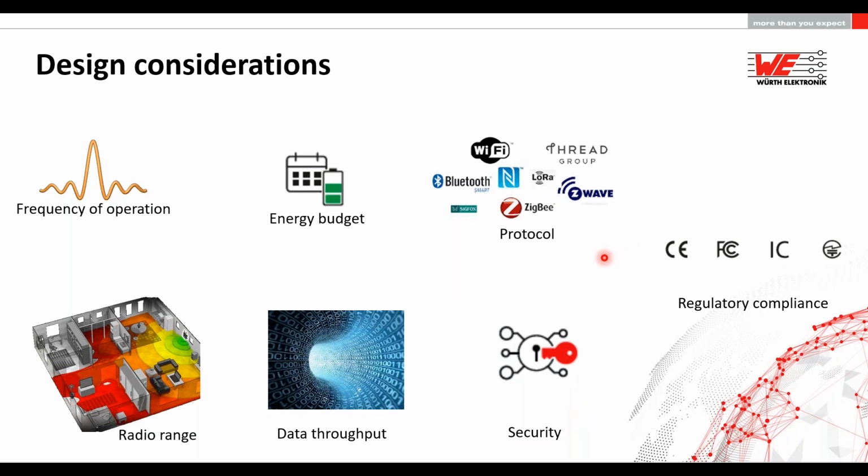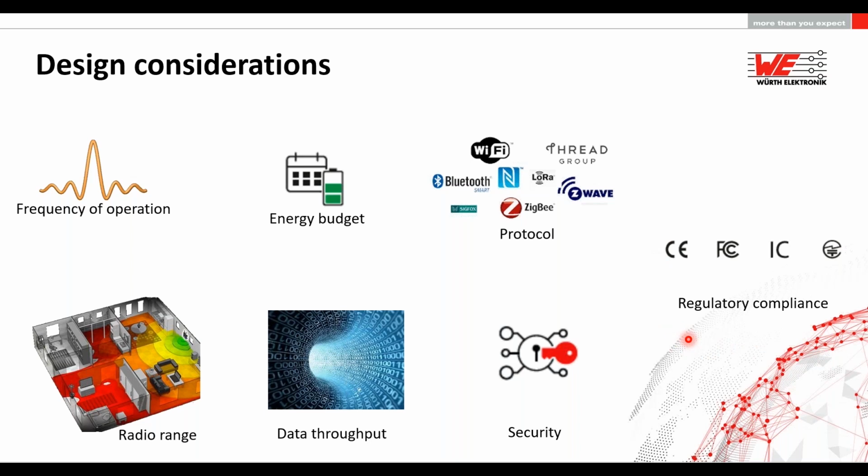Then you have the choice of wireless protocols. There are a number of technologies: Wi-Fi, Bluetooth, Thread, Zigbee, to name a few. So a choice has to be made on which technology is suitable for our application. A very practical consideration which is often neglected is regulatory compliance.